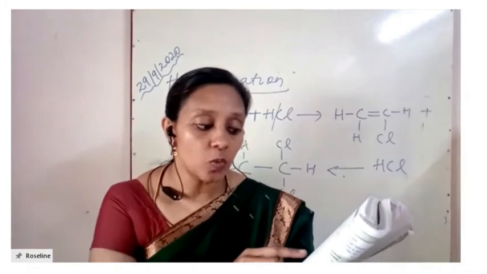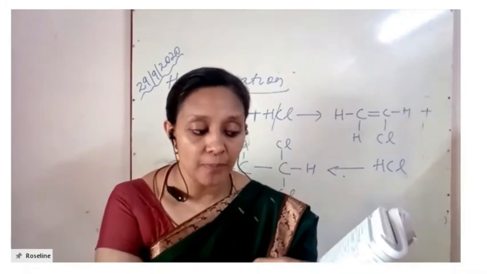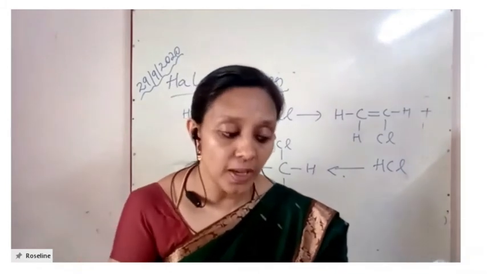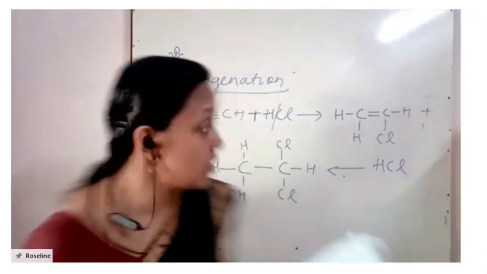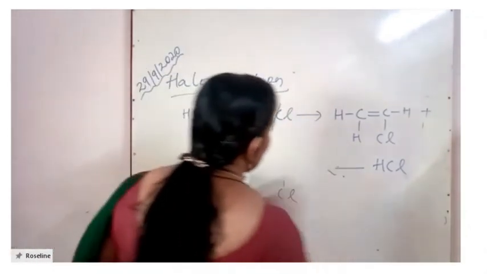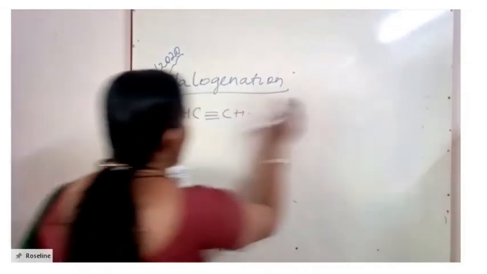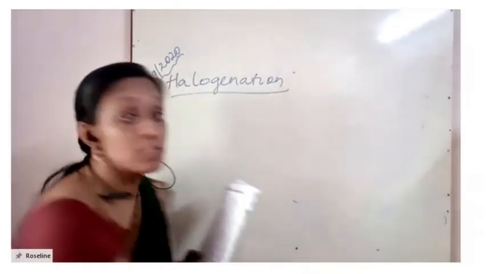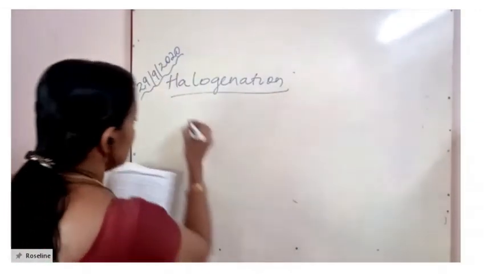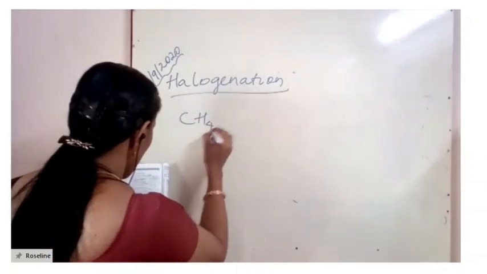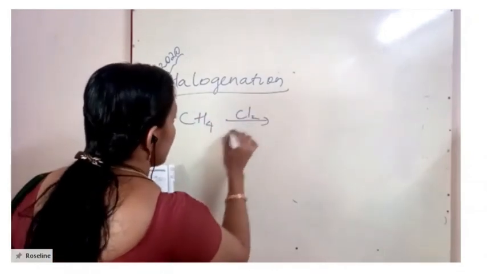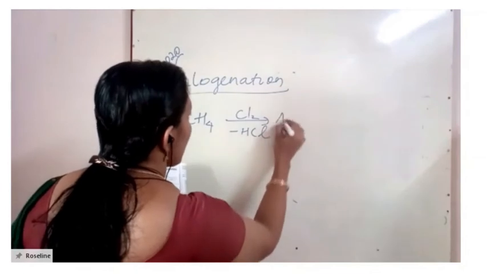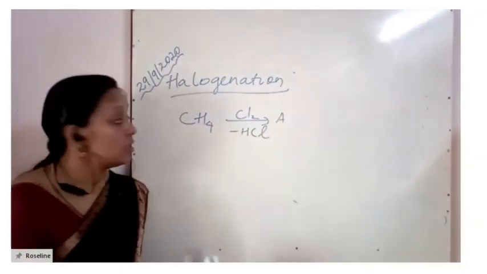Methane getting converted into a product A and then into B. So what is actually happening here? What kind of a reaction have they shown there? It is a substitution reaction. See, need not get confused. CH4, this is what they have shown, giving A. What does it mean, children?